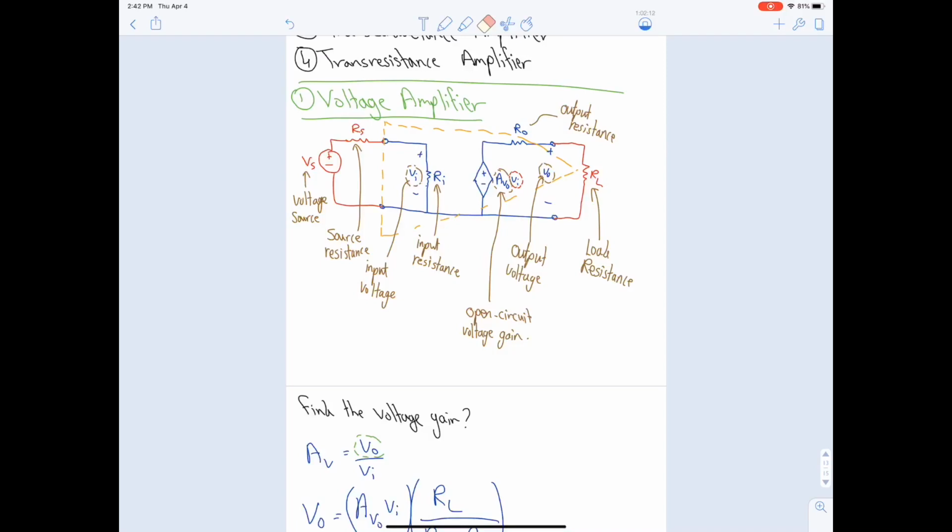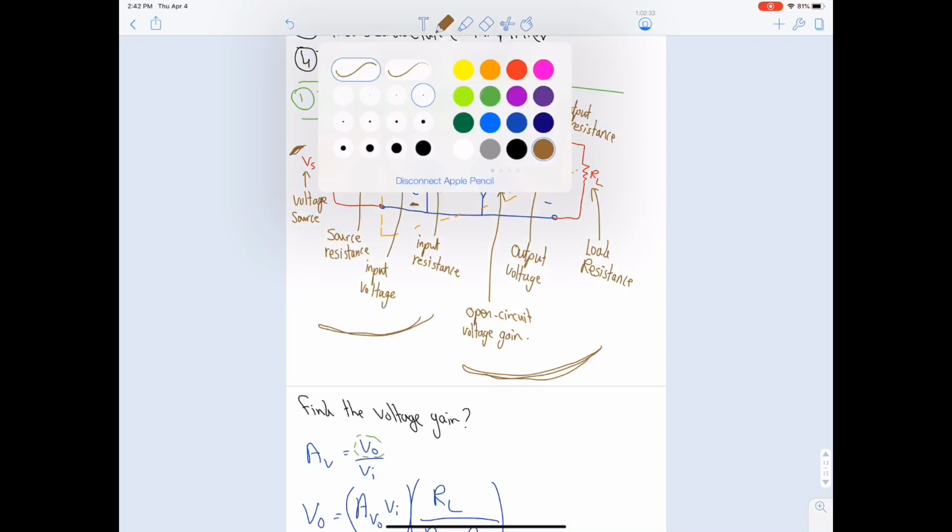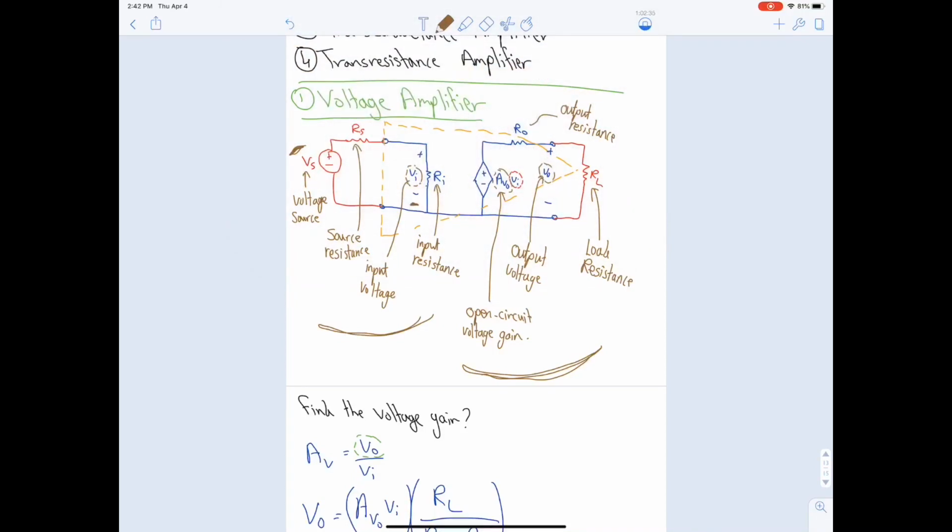So we can approach this in two steps. First, you will find V output in terms of V input, and then find V input in terms of Vs. Then take the equation that you found here and plug it into the equation that you found for the right side of the circuit. Maybe it's not clear, but when we approach it, it will be clear enough.